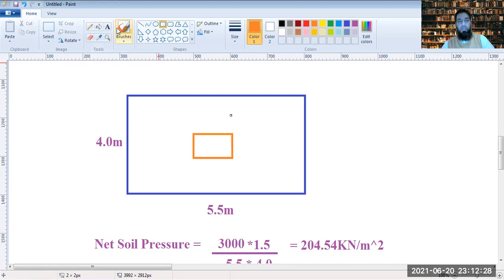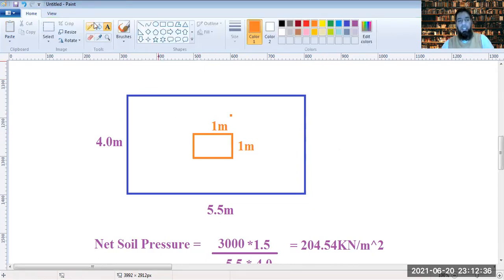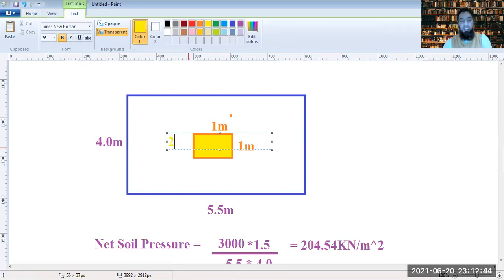So if this is 1 meter cross 1 meter, then in that case this portion would be loaded by 204.54 kilonewton per meter square.